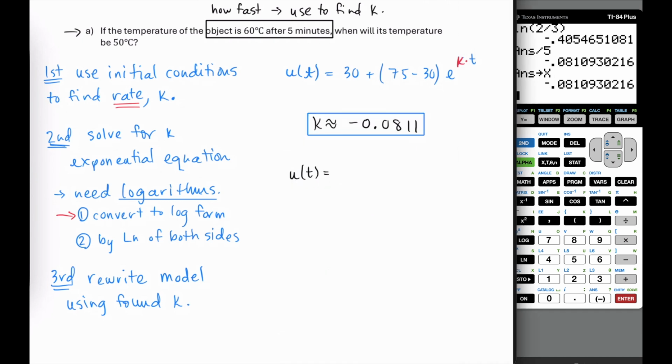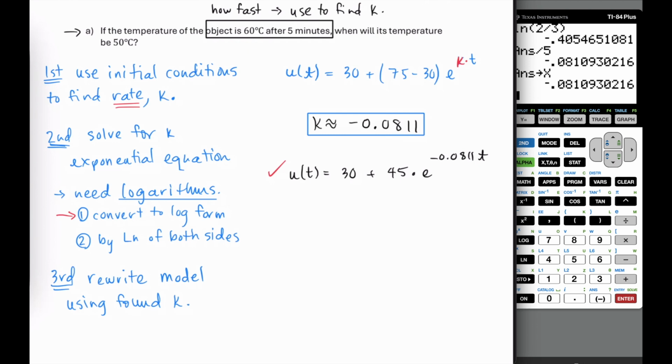So now we have our temperature is going to be equal to 30 plus, again, 75 minus 30 was 45, times e raised to the k that we found, 0.0811, multiplied by the independent variable t. This is now the completed exponential model that represents the cooling of this object.